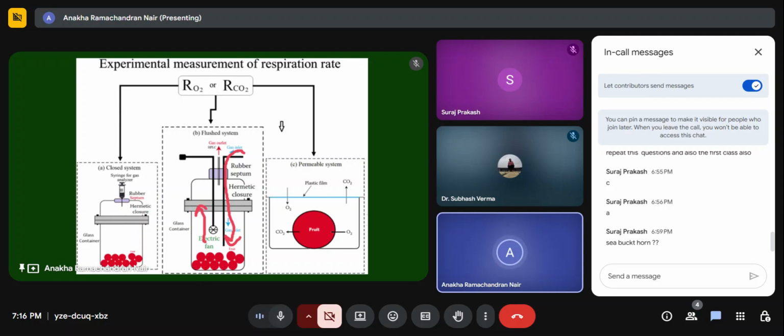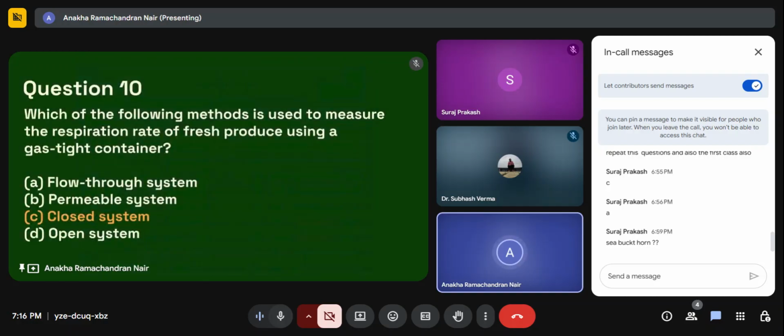And a permeable system will have a plastic film which will allow oxygen and carbon dioxide to move to and from through it, and you can measure this movement of the molecules, right? So in this particular question they're asking which of the following methods can be used to measure the respiration rate of fresh produce using a gas tight container. Only one of these methods is gas tight, which is the closed system, right?